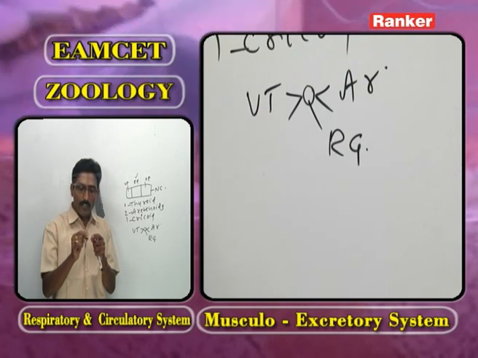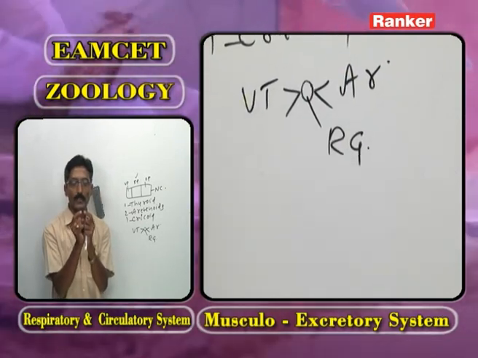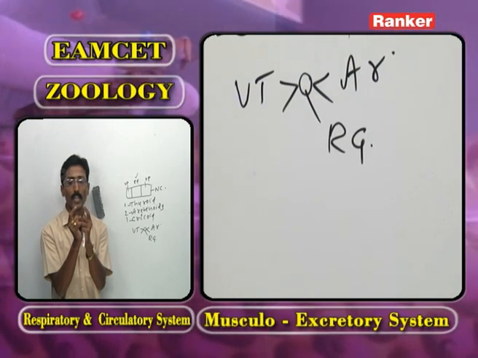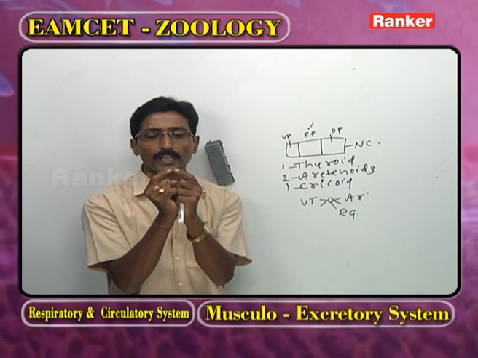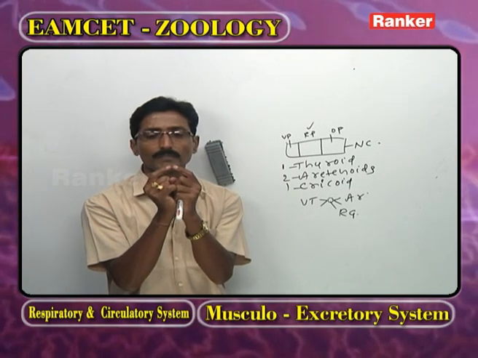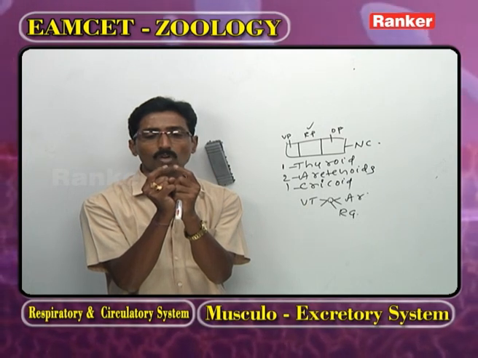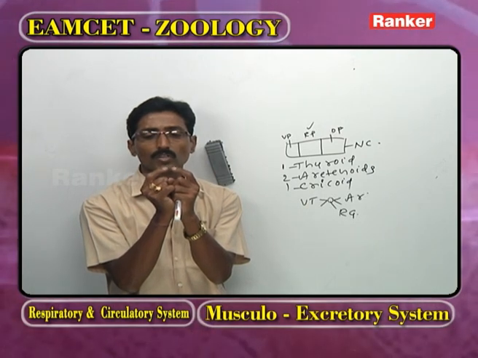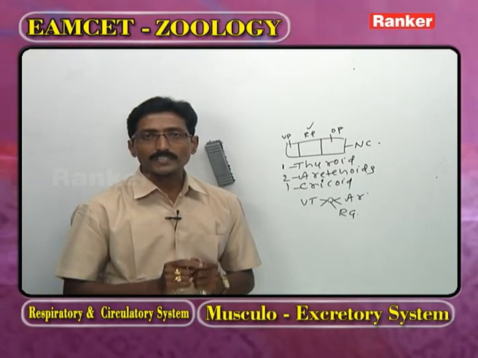Whenever the air passes through rima glottis, the vocal cords vibrate, the sound is produced. Between 2 vocal cords, a small opening, that is called rima glottis. So the third statement is correct.